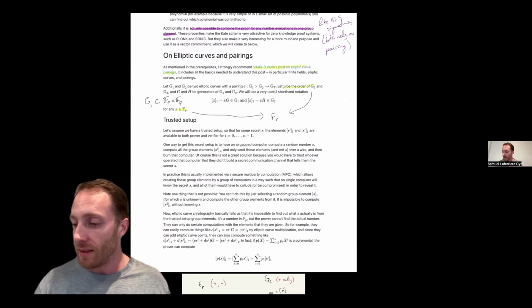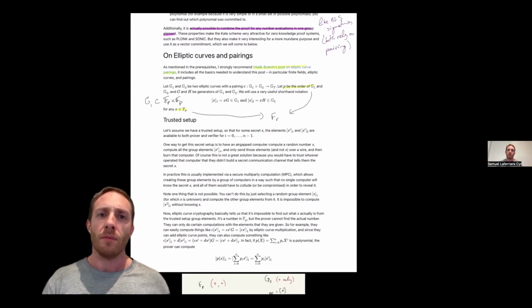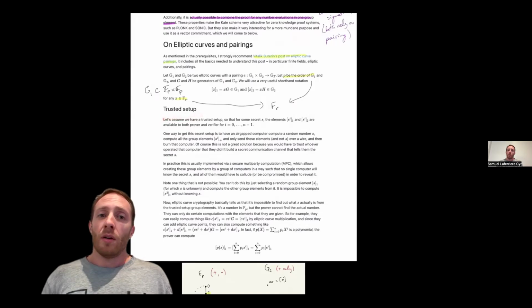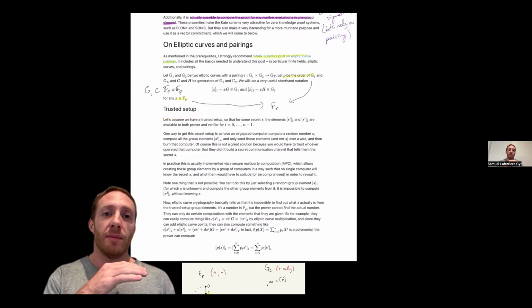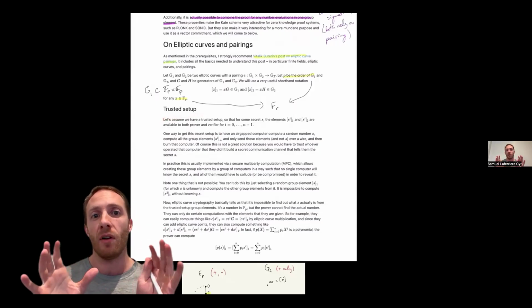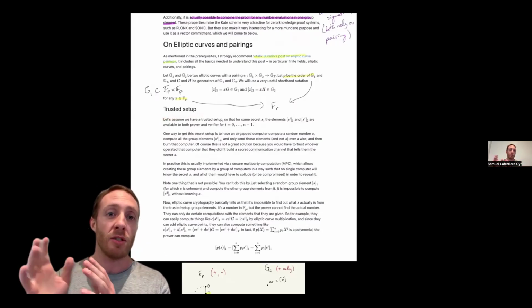Okay, getting back to this, here's another assumption. In the previous video, we talked about how you start with an elliptic curve, which is a group with an operation. In order to get some other properties, you use a pairing.